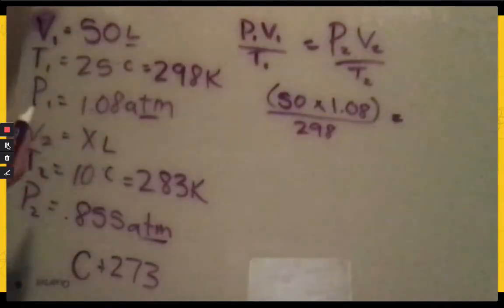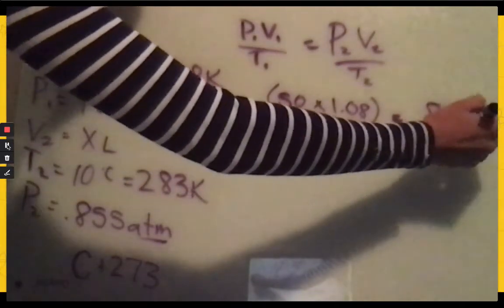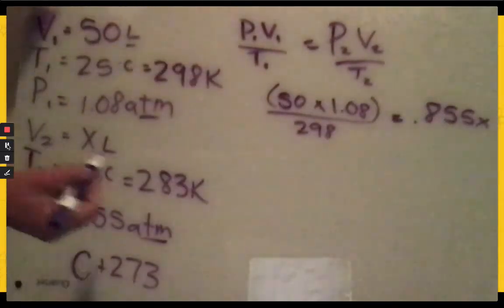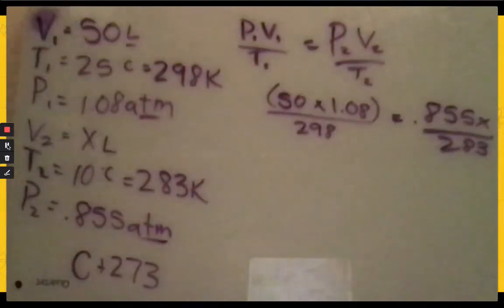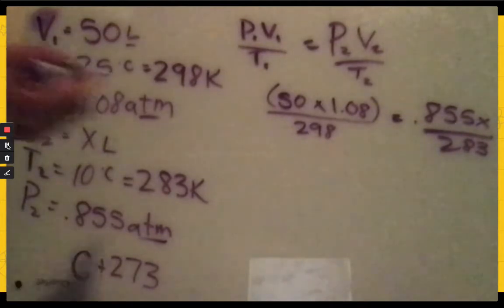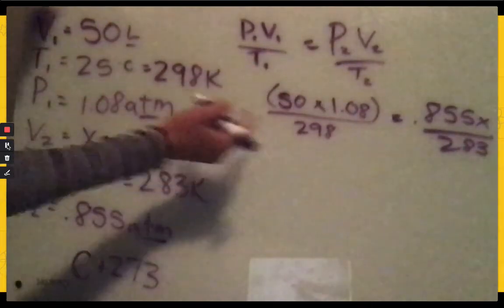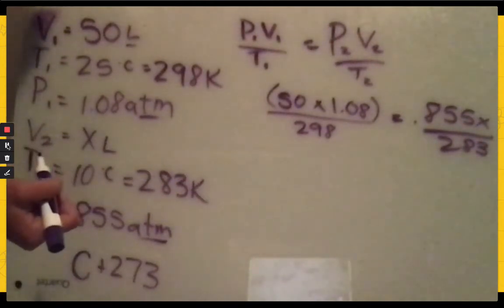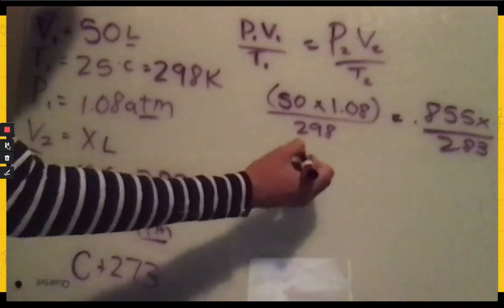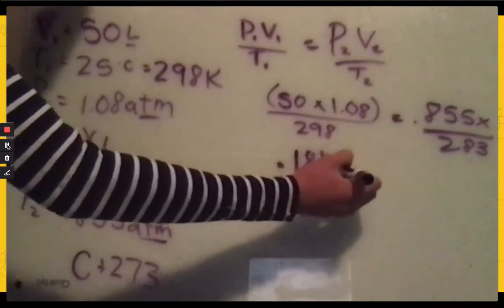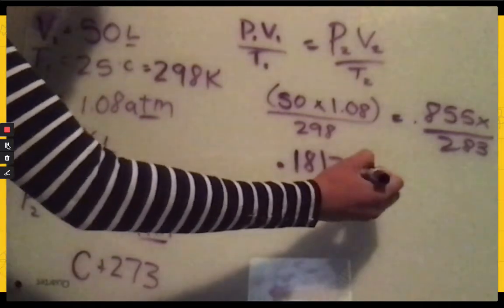And that is going to be equal to 0.855x divided by 283. In order to solve this, we first need to solve this section. So we're going to do 50 times 1.08 divided by 298, which will give us 0.1812. And that's still going to be equal to this.